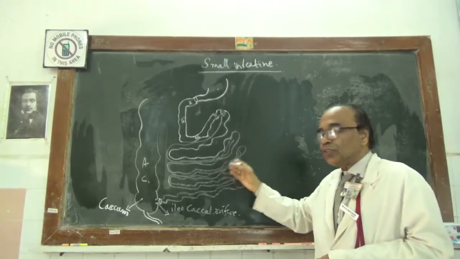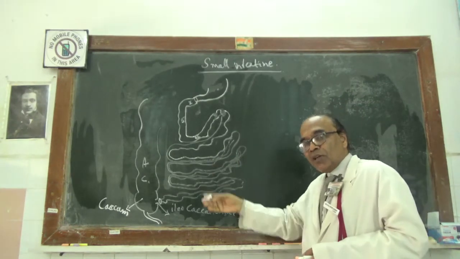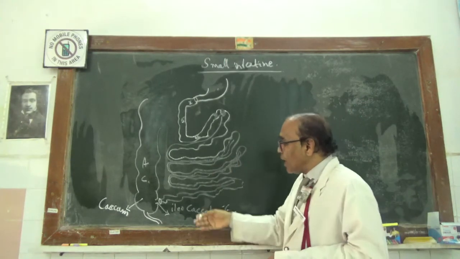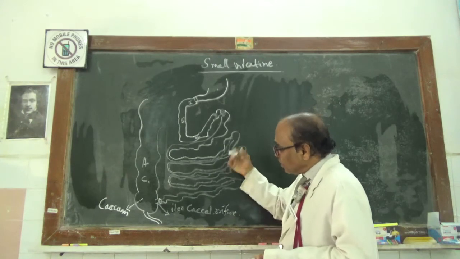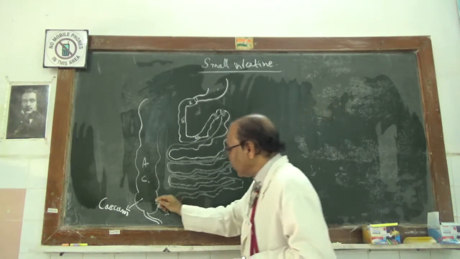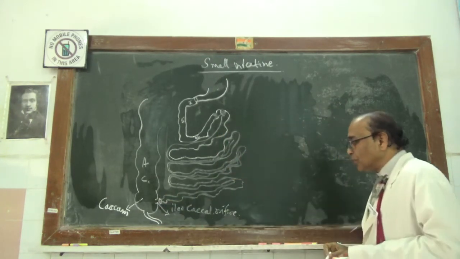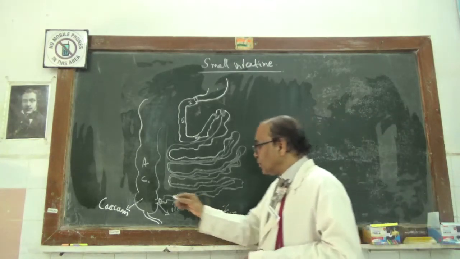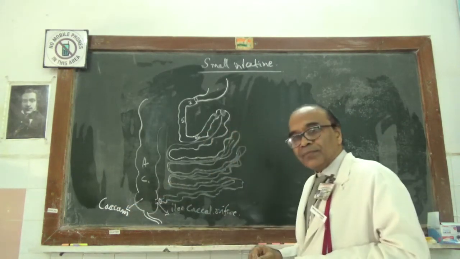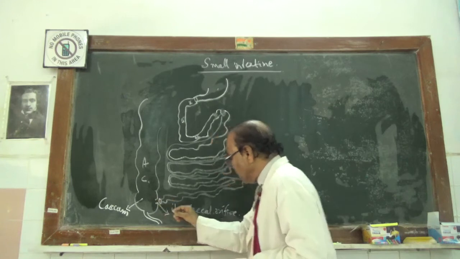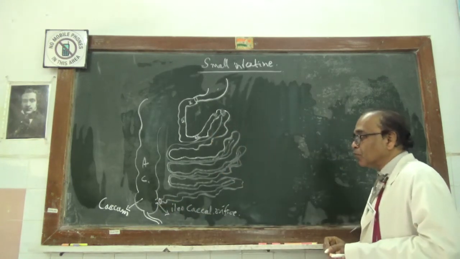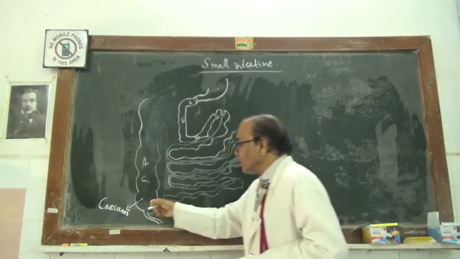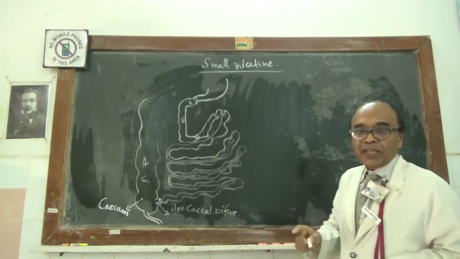Those folds or coils are the remaining part of the small intestine, which ends at the ileocecal orifice in the cecum. Cecum is the beginning part of the large intestine.